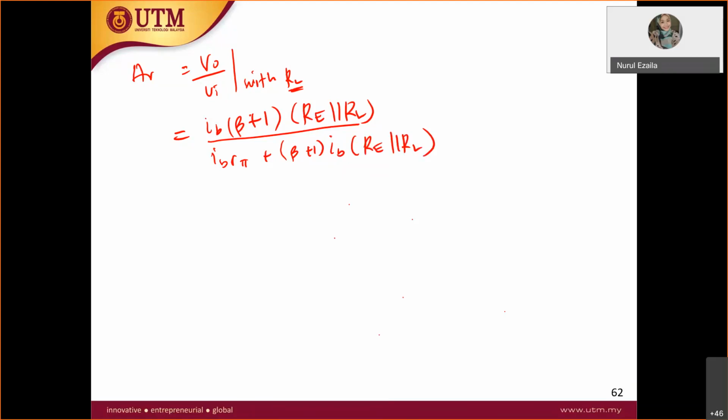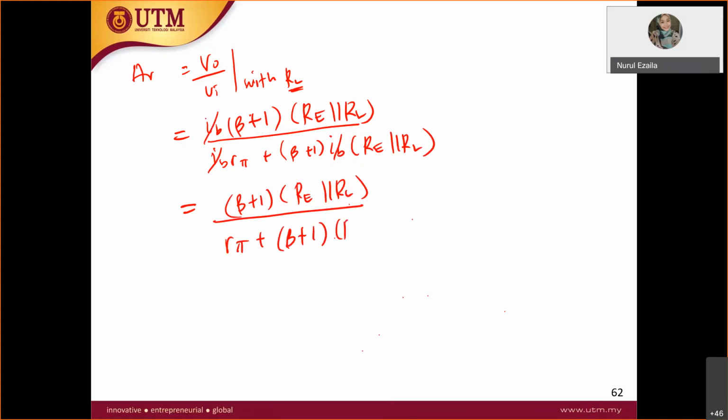So cancel out all this and you're going to have beta plus 1 RE parallel with RL over R pi plus beta plus 1 RE parallel with RL. So this is going to be your AV.